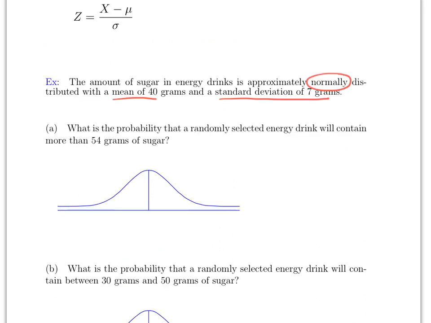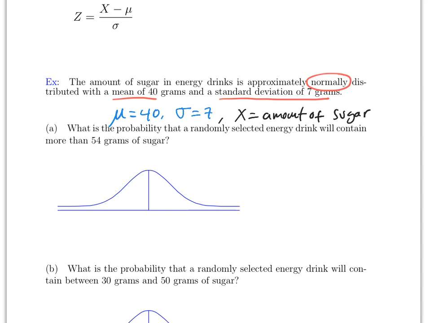No? Question. It says the amount of sugar in energy drinks is normally distributed with a mean of what? 40 and a standard deviation of 7. So mu is what? 40 and the standard deviation is 7. Okay? Here, let's say that x is the amount of sugar.